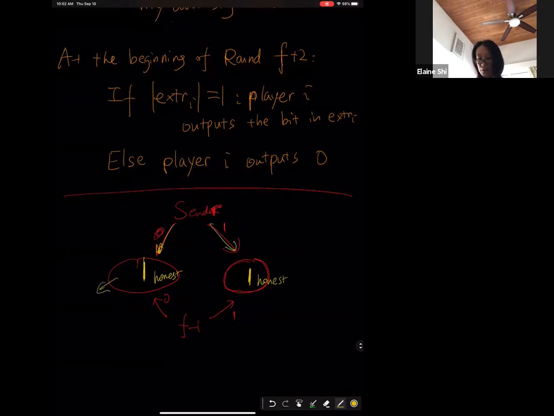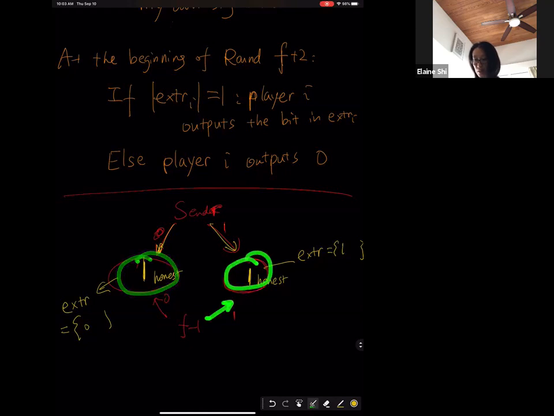So this half will add 0 to their extracted set, and this half will add 1 to their extracted set. Now in the subsequent rounds, all these corrupt nodes sign 0 and send it to this honest person, and sign 1 and send it to this honest person.